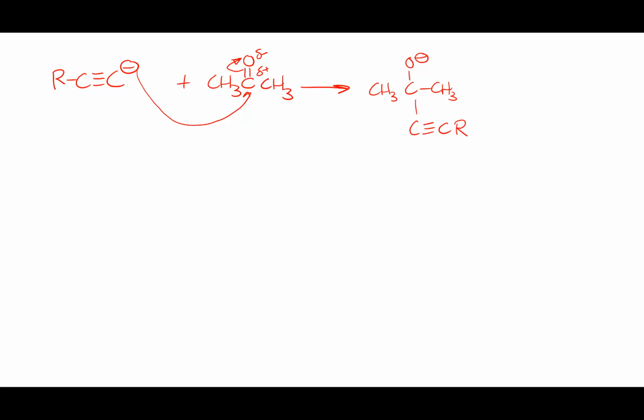We'll talk about what happens to the O minus in a minute or two. But then that reaction is now over. The molecule hangs out and waits for an H plus to protonate it. When it's protonated, we end up forming the alcohol. And in this case, I formed a carbon-carbon single bond from the carbon-carbon triple bond alkynyl anion.